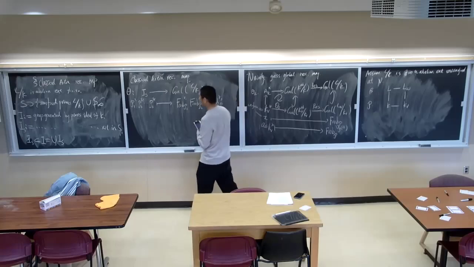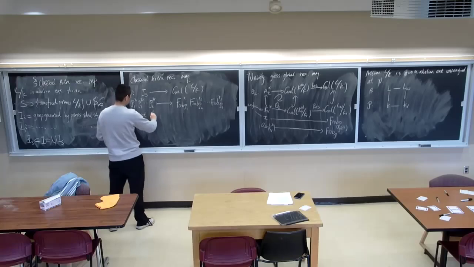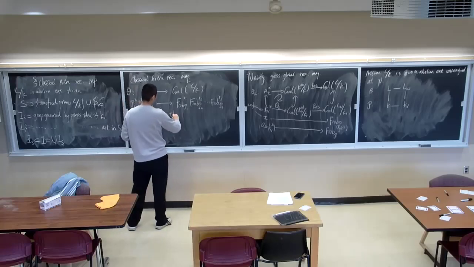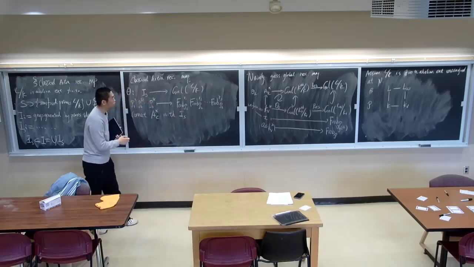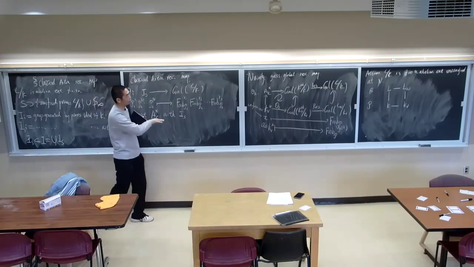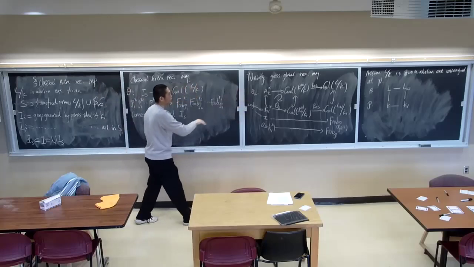So the next step is to connect A_K cross with I_S. Let me say it again. This map contains the information of the bottom map, but our goal is to construct the top map.